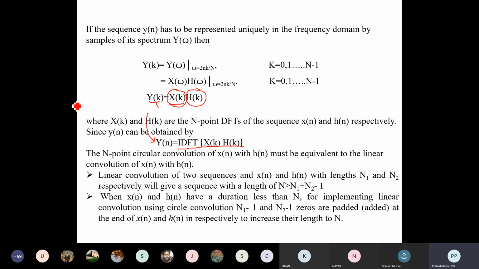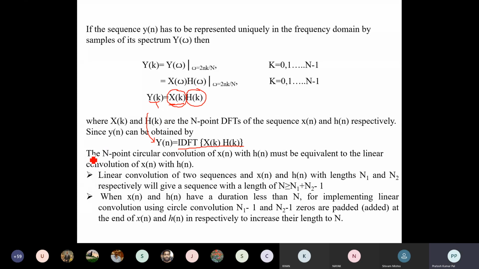So in a similar way we can find linear convolution also, but there should be some conditions on how we can make it work like a circular convolution.